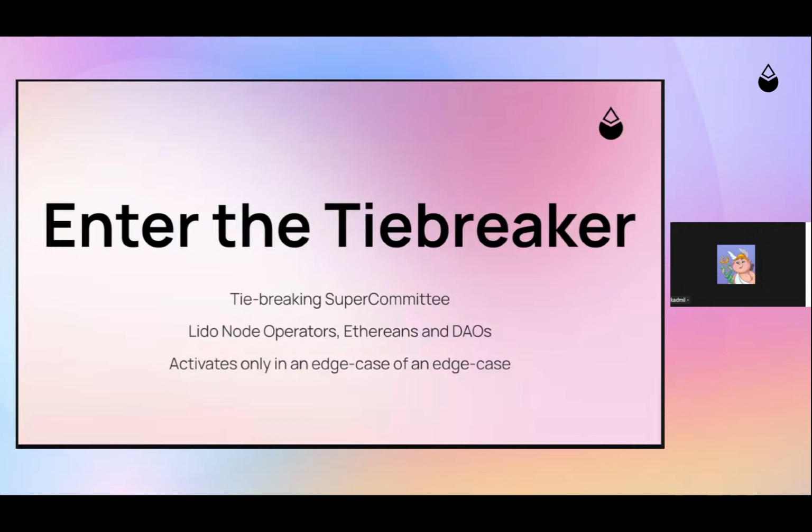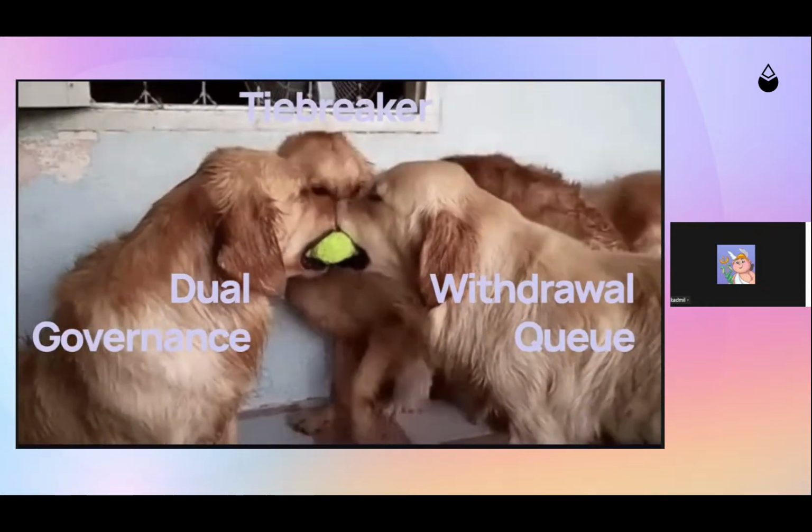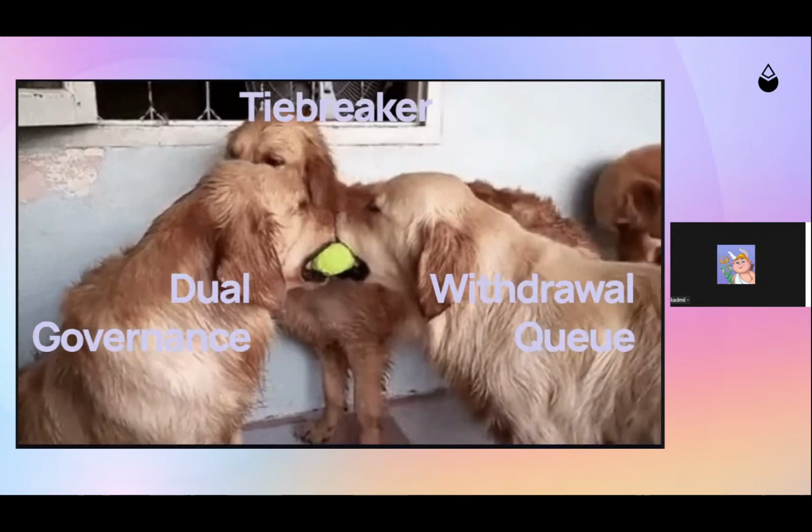We expect that to be nuclear in a good sense, a nuclear option which one doesn't look to get activated in actuality, but it's better to have something to break the tie in an otherwise unbreakable situation. So the idea is to have TBreaker for that.